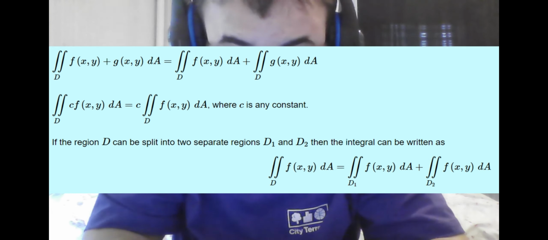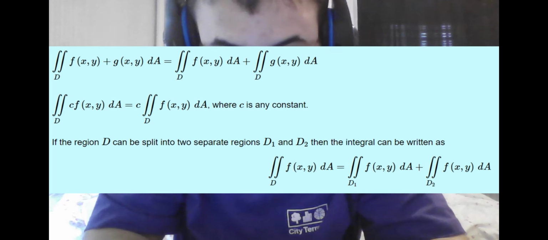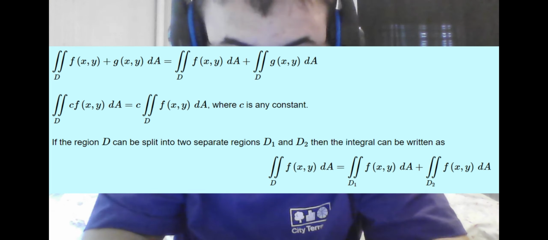We can also factor out a constant from a double integral. Again, for the same reason, we can factor a constant out of a single integral. And lastly, if a double integral can be split into two or more regions, then the double integral in total is simply an addition of these regions, which we had to use on occasion for single integrals as well.